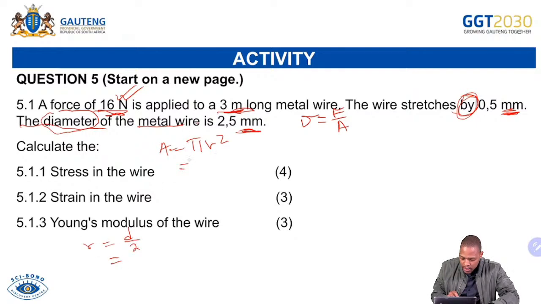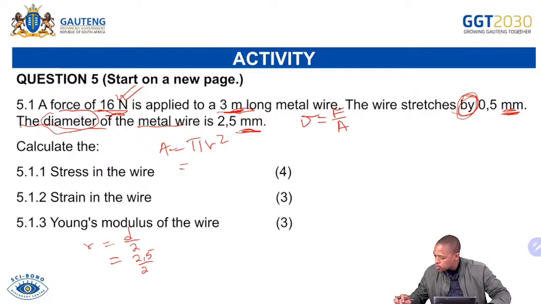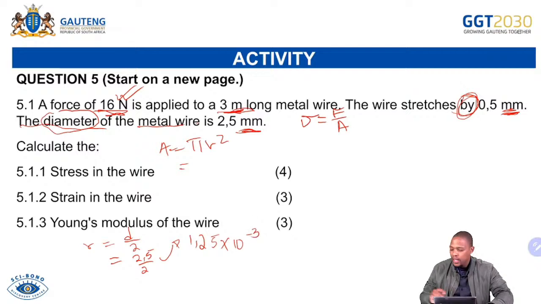And what is my diameter? It's 2.5 divided by 2. I have to do all of that admin because of the formula I have chosen. 2.5 divided by 2 is actually 1.25. But that 1.25 is in millimeters. So I have to convert it by saying times 10 to the power of what? Minus 3. I have converted.